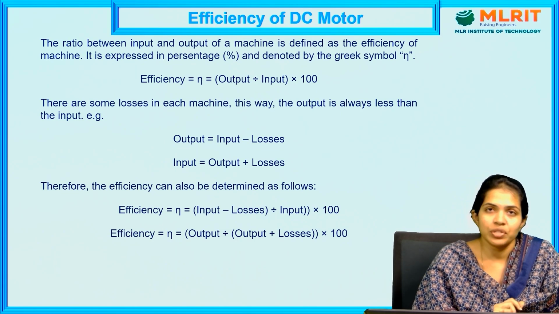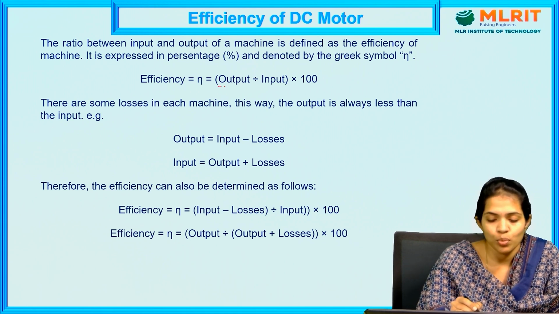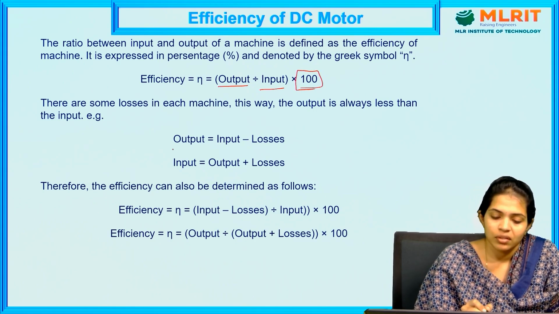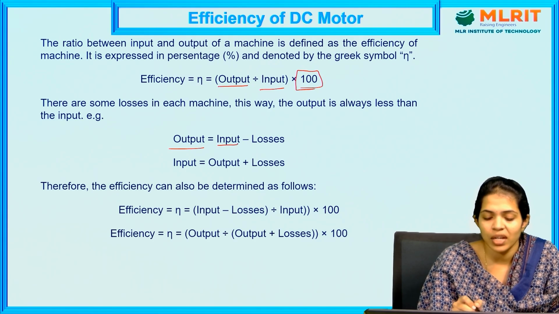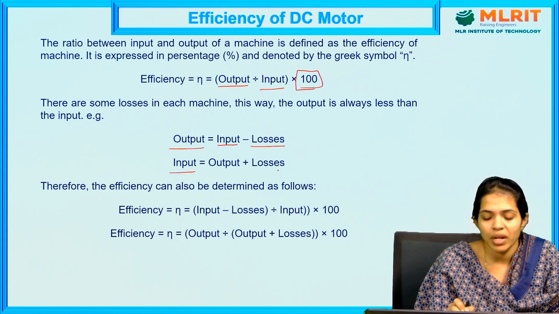Coming to the efficiency of DC motor, efficiency is defined as the ratio of output power to the input power, multiplied by 100. We can give the output power as input minus losses, and input power as output plus losses.